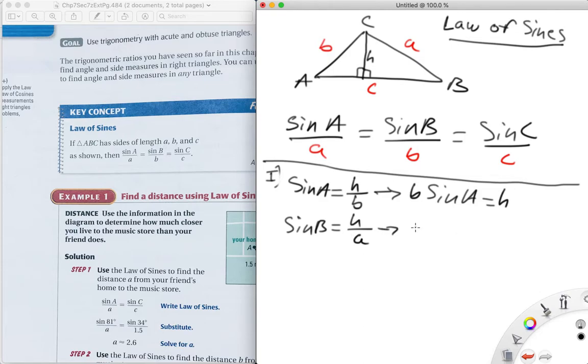Multiply both sides by A, and I can say A sine of B equals H. Well, look what I have. They are both equal to H. So if they're equal to H, they can be equal to each other using substitution.